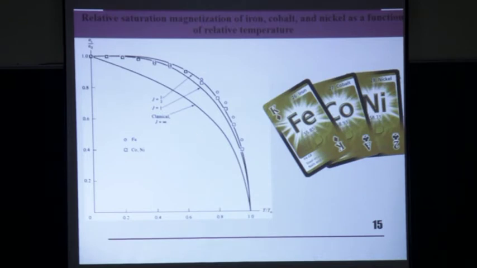for this experimental curve. So if you have J equal to 1, it's not bad, but it's not perfect also. But you can see J equal to half matches quite nicely with the experimental values.